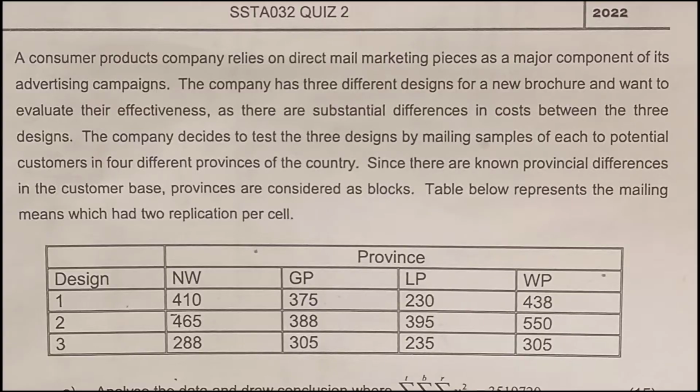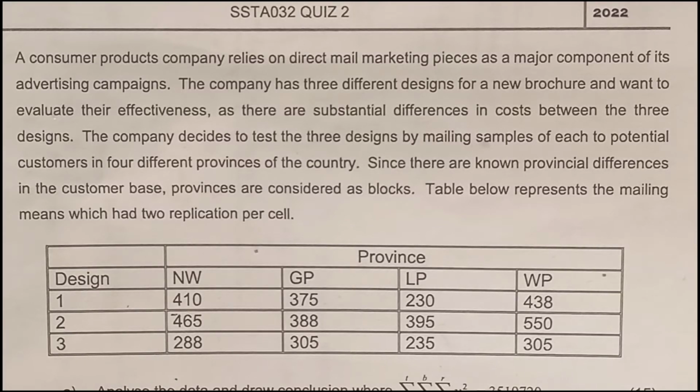Let's begin. A consumer product company relies on direct mail marketing pieces as a major component of its advertising campaign. The company has 3 different designs for a new brochure and wants to evaluate their effectiveness.